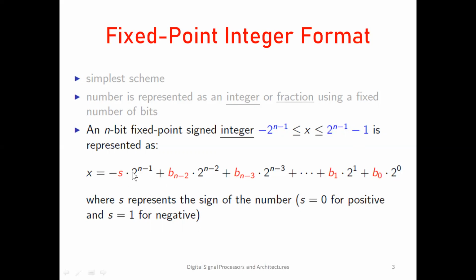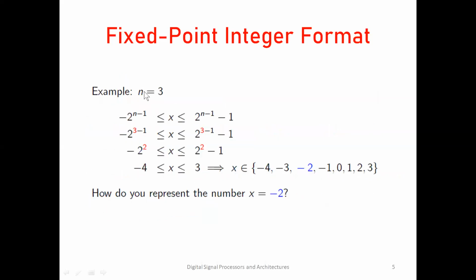Here s represents the sign of the number. If it's a positive number, s is equal to 0, and if it's a negative number, s is equal to 1. This is an n-bit fixed point integer, so depending on the number n, we'll get the equivalent value for x. For example, if n equal to 3, if we require a 3-bit number, what is the range?